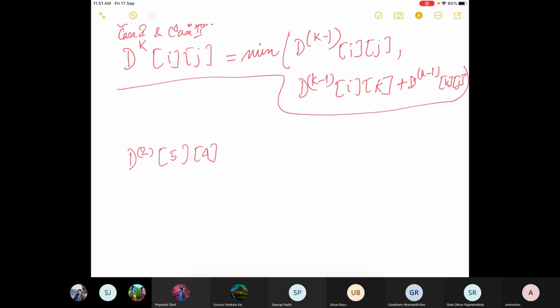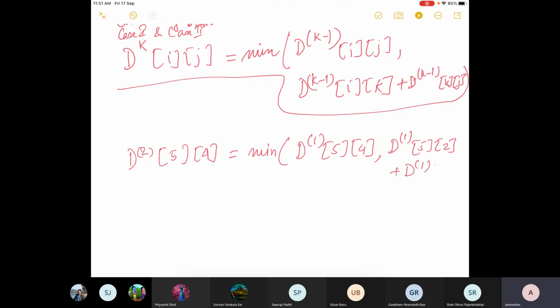This will be the minimum of D1 5 4, comma, D1 5 2 plus D1 2 4. Sir, in case 1, we are assuming that there must be at least one path, right?